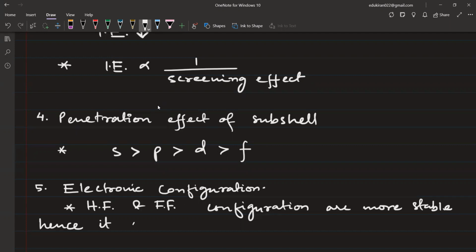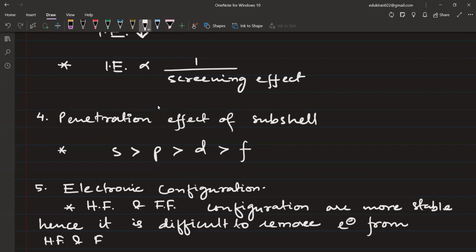Hence, it is difficult to remove an electron from half filled and fully filled subshells.